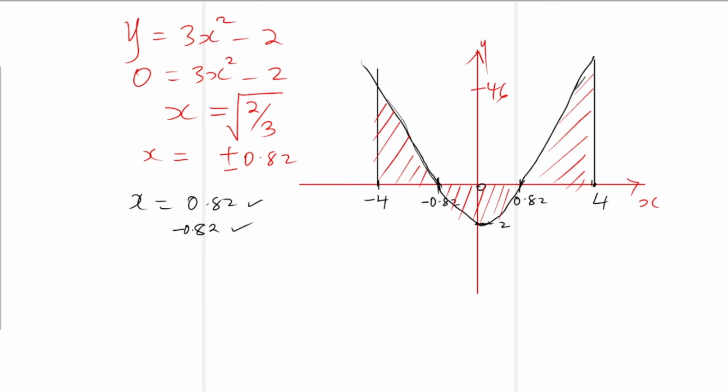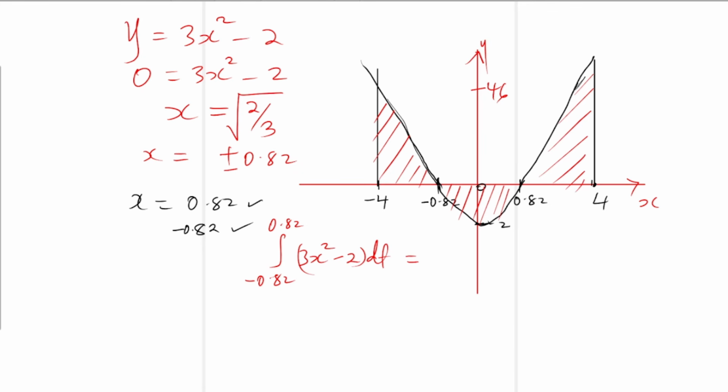So that one I can work out separately here. We're integrating from negative 0.82 to 0.82, 3x squared minus 2 with respect to t. I'll integrate this one very fast.